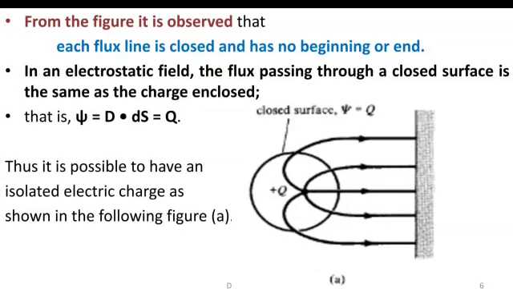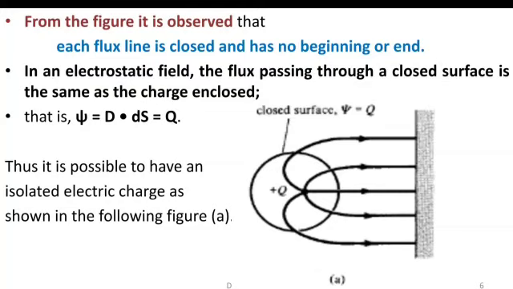From the figure it is observed that each flux line is closed and has no beginning or ending. In an electrostatic field, the flux passing through a closed surface is the same as the charge enclosed. So however much charge is enclosed, that much flux is produced.